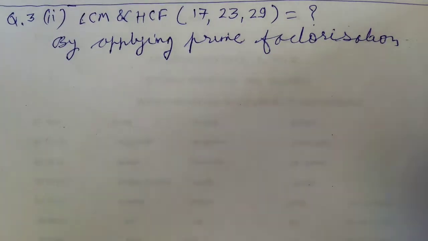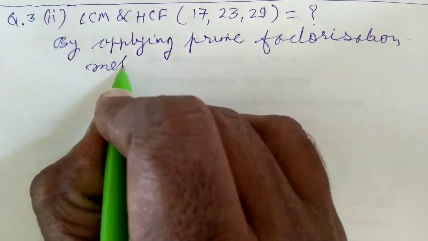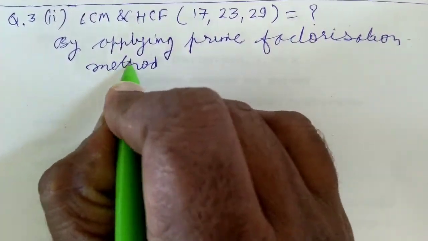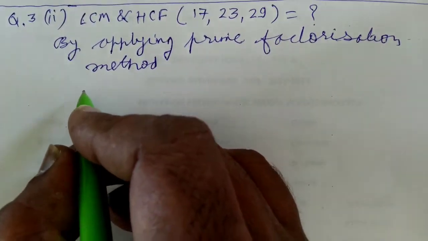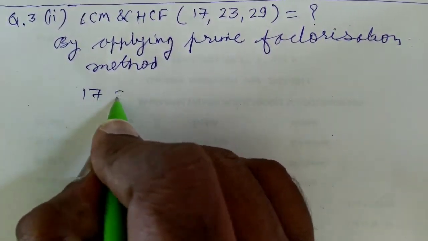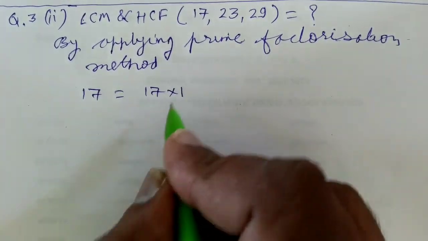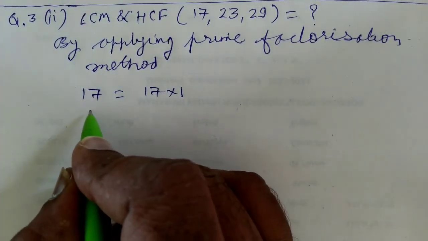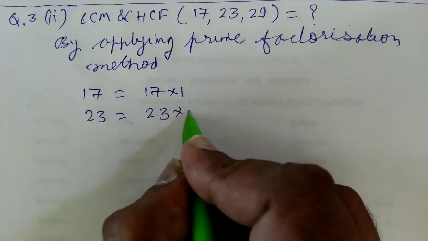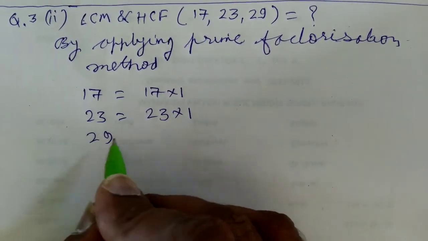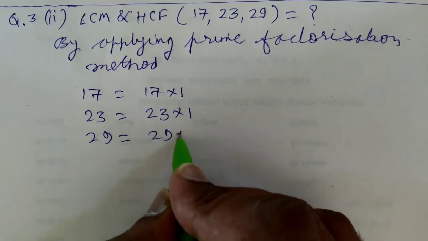We are seeing the prime factors of 17, so we will write 17 ones are 17. Prime factors of 23 are 23 into 1, and prime factors of 29 are 29 into 1.